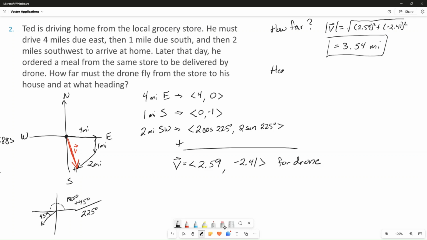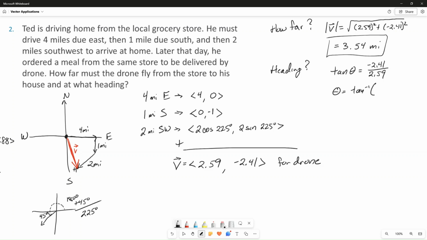And then if we want the heading, that deals with angle. So to find angles, we're going to look at the tangent of theta, which is equal to the vertical component over the horizontal. So tangent of theta is going to equal negative 2.41 divided by 2.59. We're going to do our inverse tangent for that.